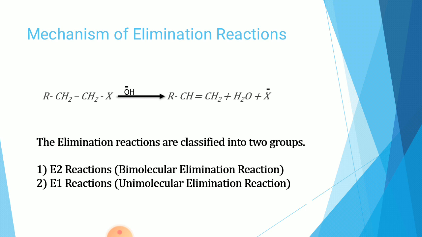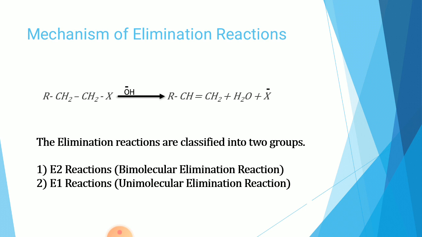So in presence of a base there will be removal of a hydrogen atom from a carbon atom to form a multiple bond. See here, after the reaction, the single bond or saturated bond between carbon atoms becomes unsaturated with the removal of a proton or hydrogen atom from one carbon atom.